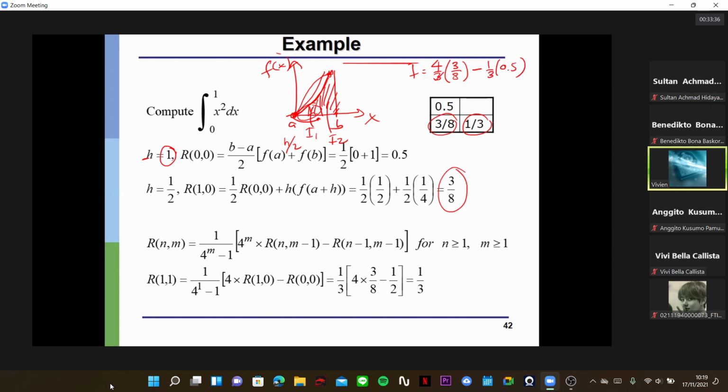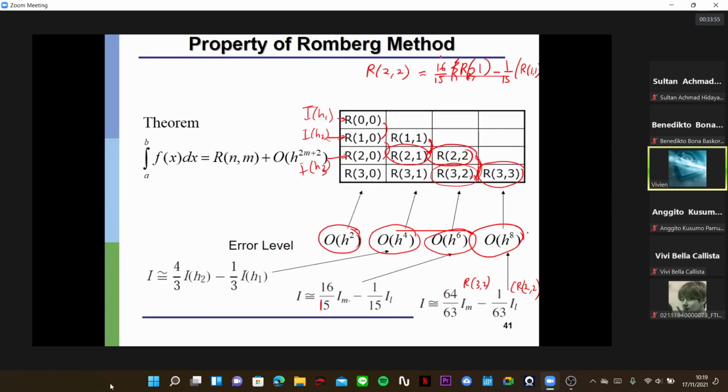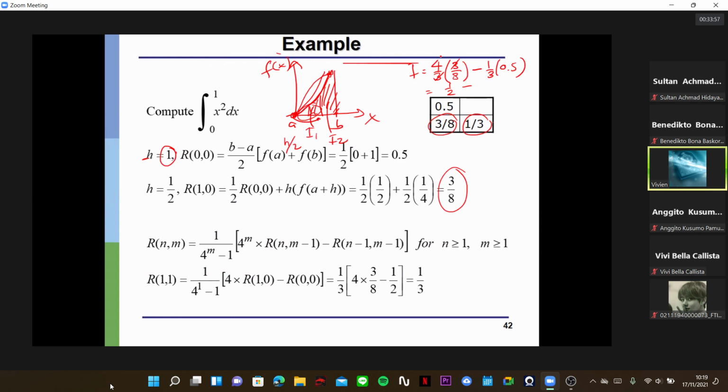So what is the value here? That will be 4/3 times 3/8 minus 1/3 times half.